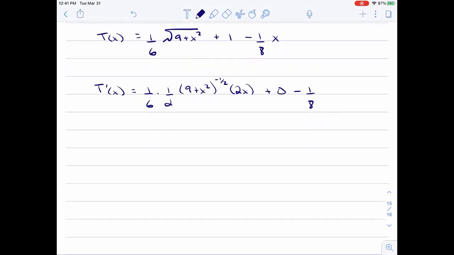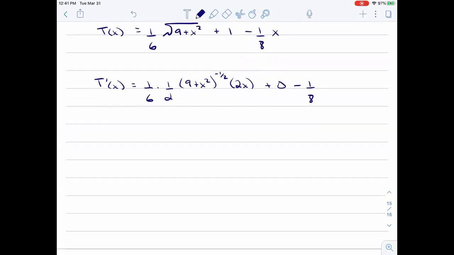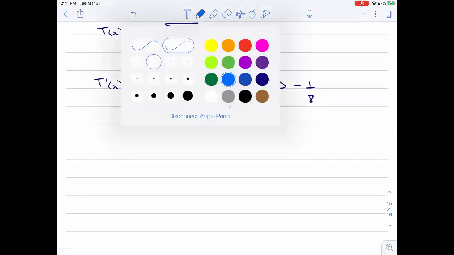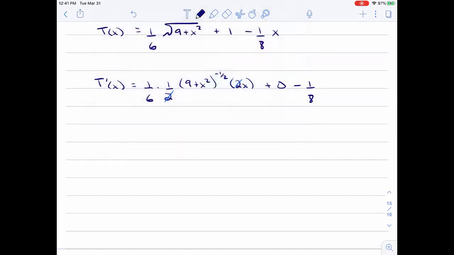Now I've got a couple of options. I see I've got a 2 and a 2 here, so I can cancel those. I can write this as x over 6 times the root of 9 plus x squared, because the negative bumps it down to the bottom, and the 1/2 makes it a square root. And so minus 1 over 8.